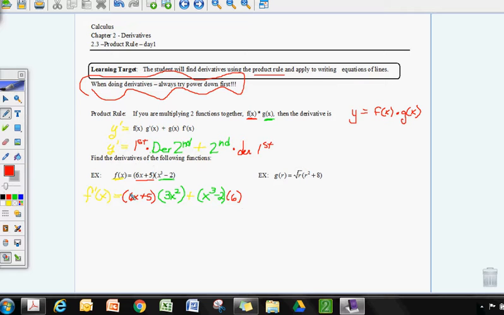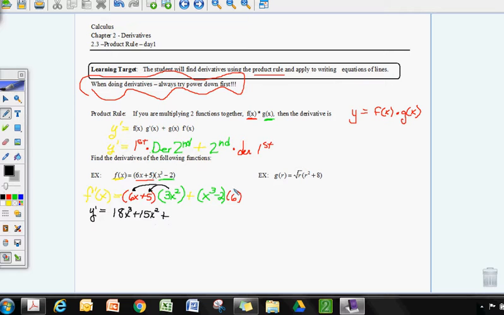Can you guys see the pattern, how I followed those words? Okay, so working this out, what would my derivative turn out to be? This 3x squared would have to be multiplied once and twice. Everything in the red gets multiplied by it, so I would get 18x to the third plus 15x squared.